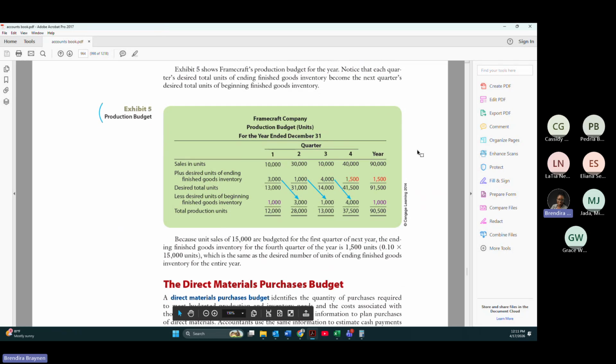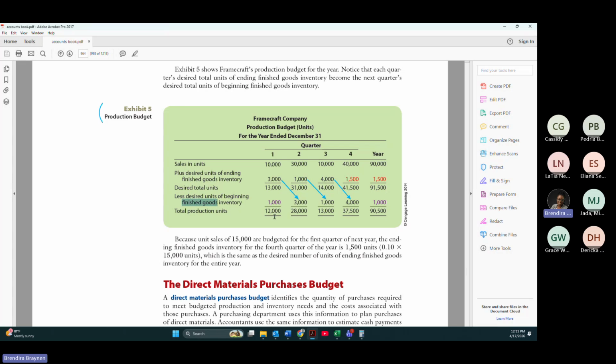And so this is a reminder of what the production budget looks like. We identify all of the sales that we have for each period of time. Then we look at the desired ending, so we add those two together and then subtract the desired beginning finished goods inventory. So both are finished goods.